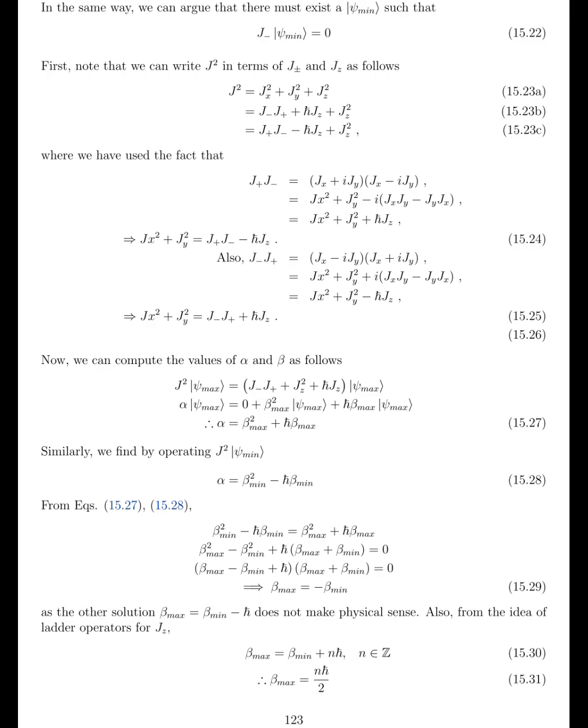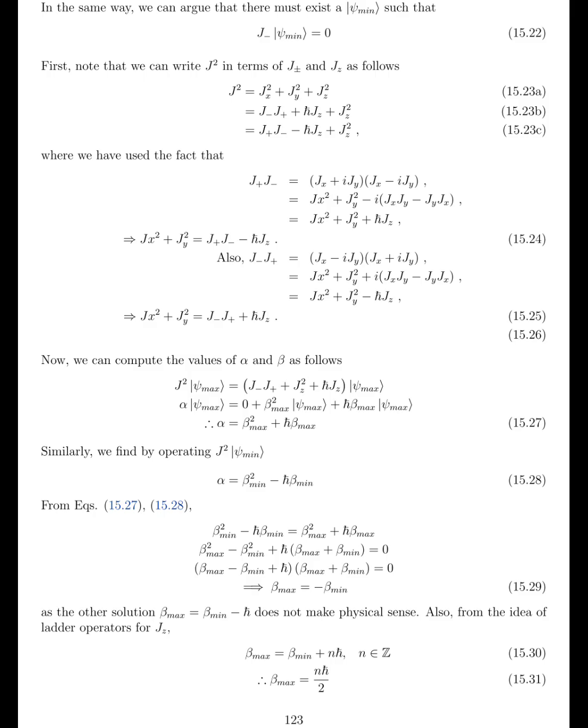J square's definition was alpha. So what we can see here is that alpha is a simple function of beta max square plus h bar beta max.